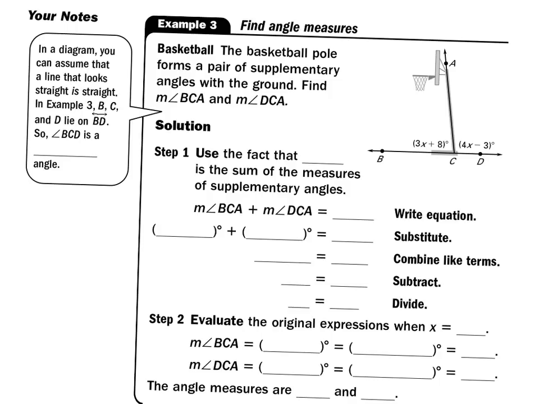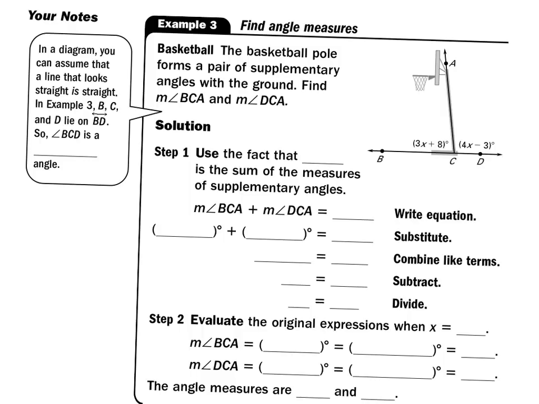Okay, example 3, find angle measures. We have a basketball pole, and they form supplementary angles with the ground. Find the measure of angle BCA and the measure of angle DCA. So in this diagram, you can assume that a line that looks straight is straight.